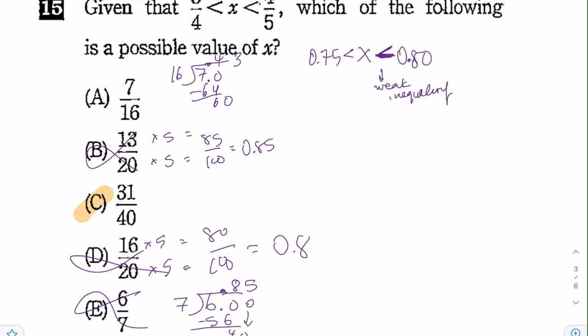But either way, this is going to be less than 3/4. That's wrong. It's also less than 1/2. So the correct answer has to be choice C. It's kind of close to 30 over 40, which is 75%.